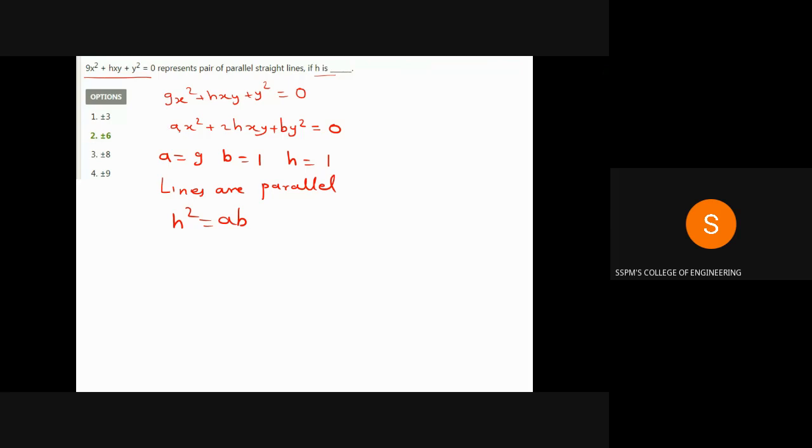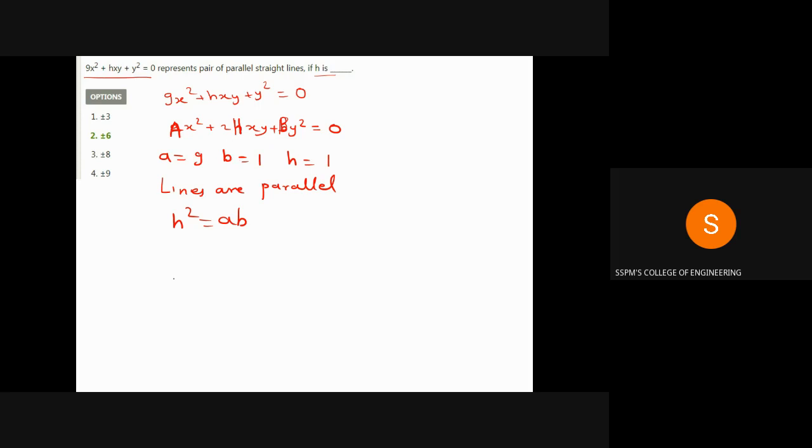So we will write them as capital letters. Okay. Suppose this is ax square, 2hxy. So in order to not repeat this, we will use capital letters. Ax square plus 2Hxy plus By square. Therefore, A is equal to 9. B is equal to 1.